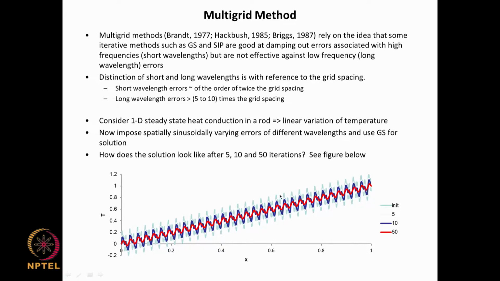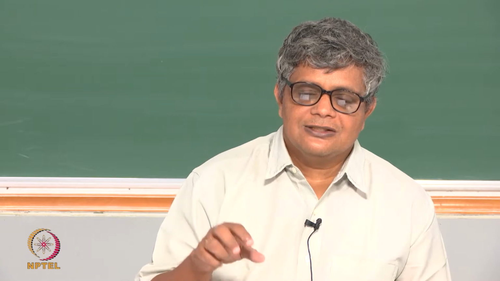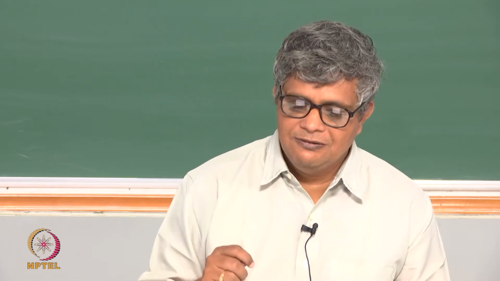So that will lead to a truly linear variation like this. Now what we are doing here is that on this true linear variation, we are introducing some error which is spatially distributed in the form of wavelengths, in the form of sinusoidal wave components, and what you see very faintly here, and we will see later, is the error which is superposed on this linear variation. That is why you have this waviness, and this waviness is composed of 3-4 different wavelengths, one which is short wavelength, one which is bigger, and one which is even bigger.